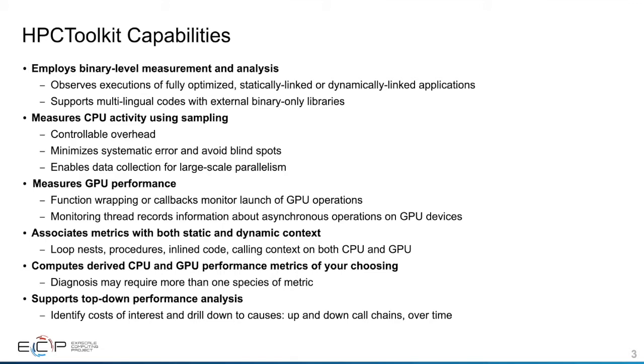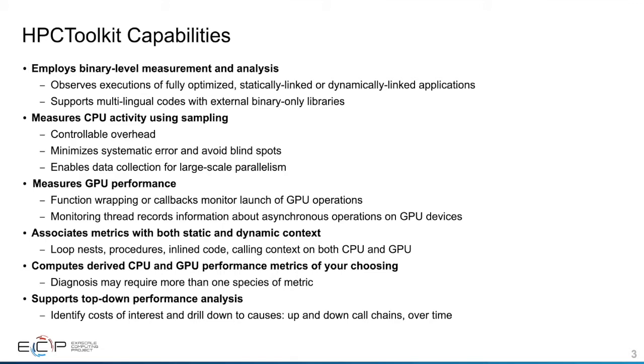So unlike sampling, where we can control the frequency, the callbacks for monitoring GPU operations occur with the frequency at which GPU operations are called. And so we can't control the overhead there. It depends on how frequently the operations are called. So as an application executes, then a monitoring thread is recording information about asynchronous operations that execute on GPU devices.